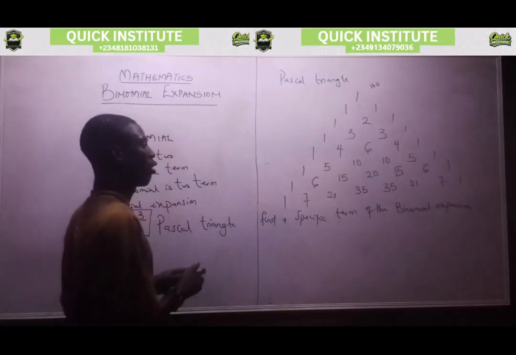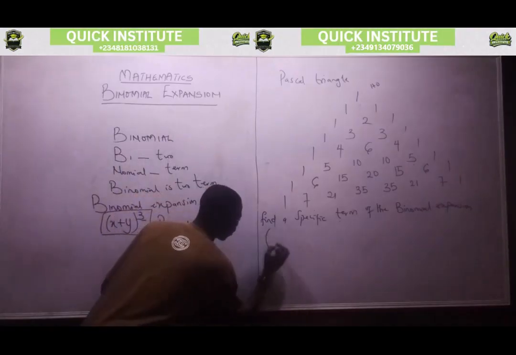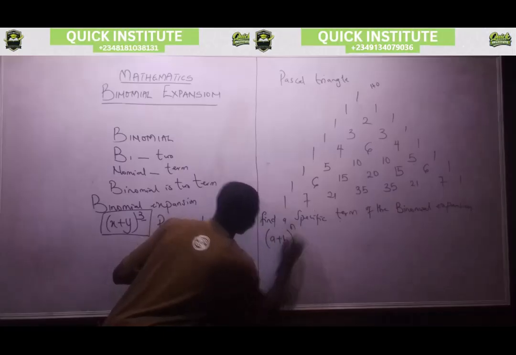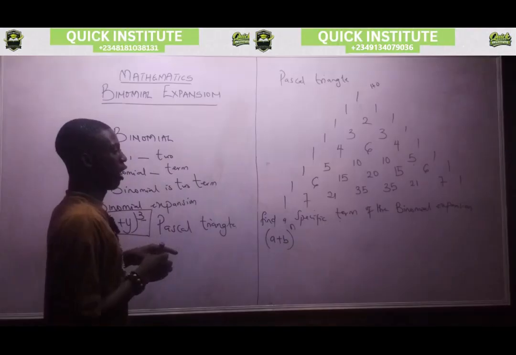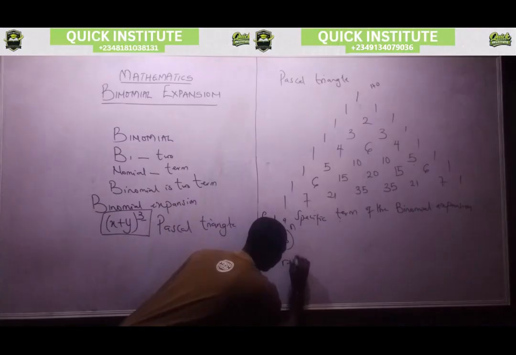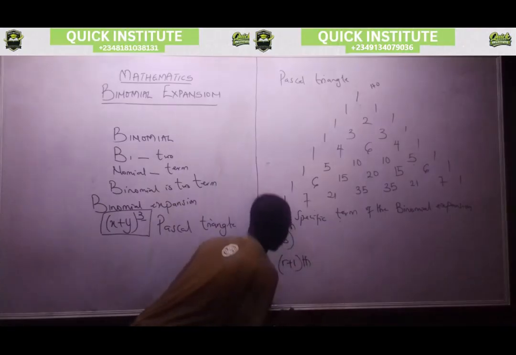A specific term of a binomial expansion (a plus b) to the power n is the (r plus 1)th term, T(r+1).